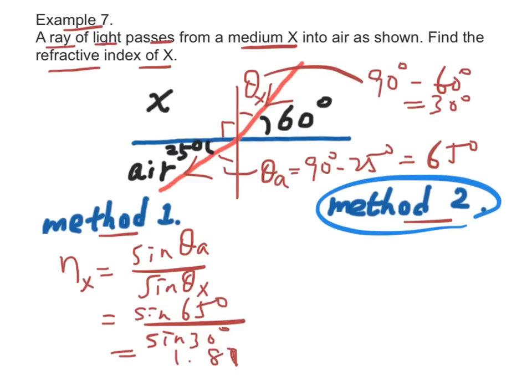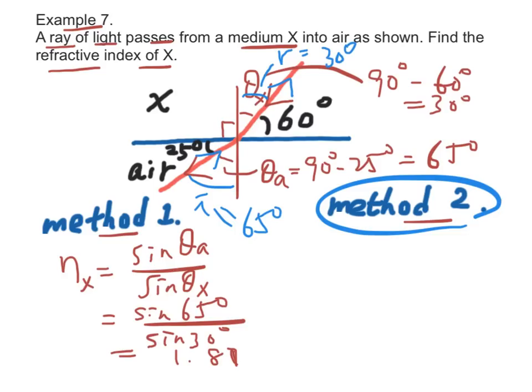Method 2. By using reversibility of light, if the light travels from air into X, we have the same path. In this case, the angle of incidence, I, is equal to 65 degrees, and the angle of refraction, R, equal to 30 degrees.